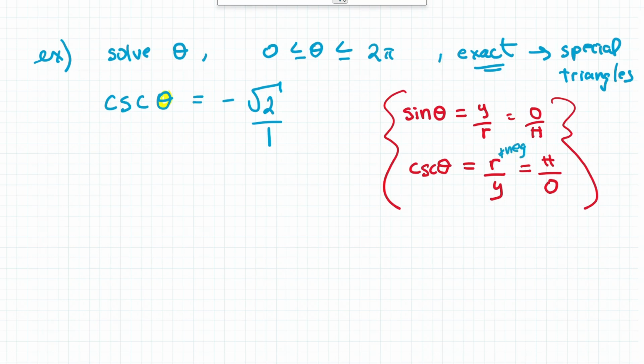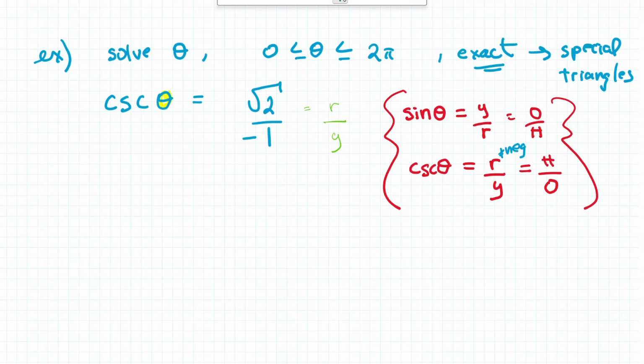So you can think of this as root 2 over negative 1. And that will help you see it as your radius over your y value. So do that immediately, because now you've demystified this entire scary looking reciprocal ratio, and now you have it in very plain terms.